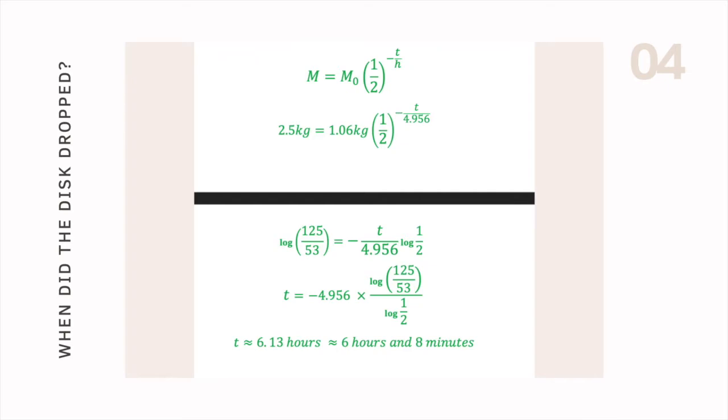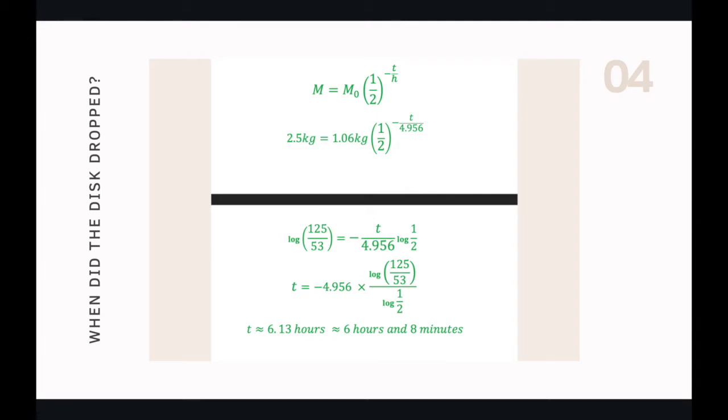So we apply it, where M is 2.5 equal to 1.06 times 1 divided by 2, to the power of negative T divided by hours, which is 4.956. So we find the number of T is 6.13 hours. We convert it into 6 hours and 8 minutes.